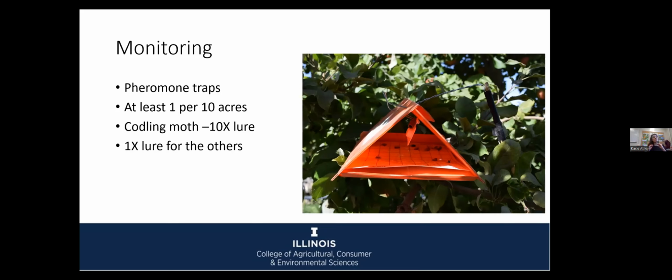That doesn't mean we shouldn't monitor, because even when you're using mating disruption, if you're putting out your traps and collecting moths, that is a good indication that you're going to need to make supplemental sprays, because your mating disruption isn't entirely shutting down the male's ability to find the female moths and mate.